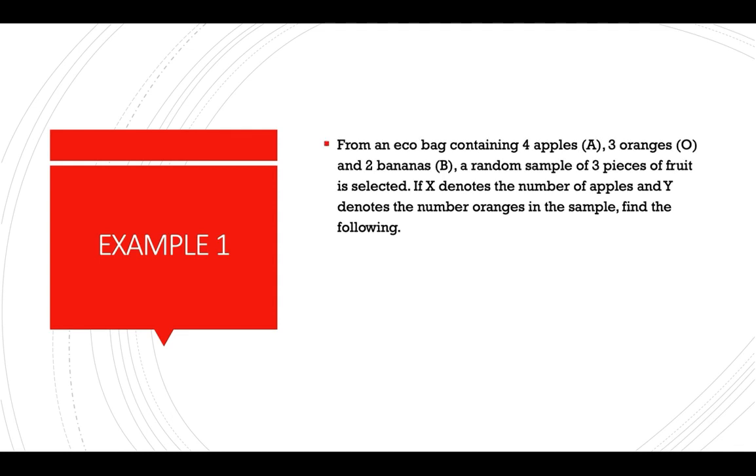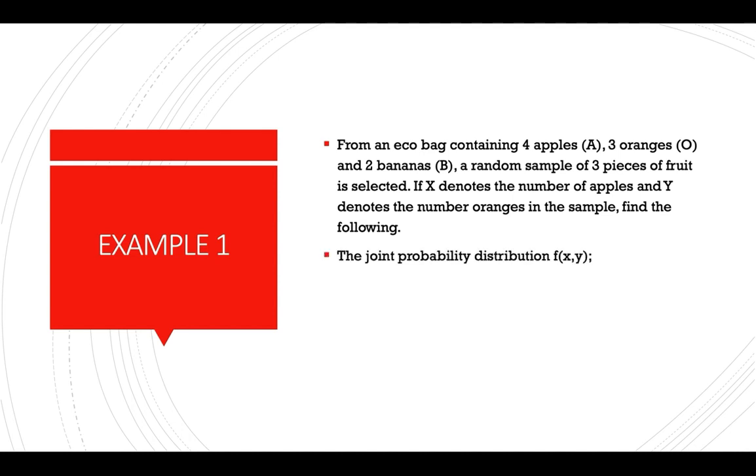Okay, so from a bag containing 4 apples, 3 oranges, 2 bananas, a random sample of 3 pieces of fruit is selected. If x denotes the number of apples and y denotes the number of oranges in the sample, find the following.